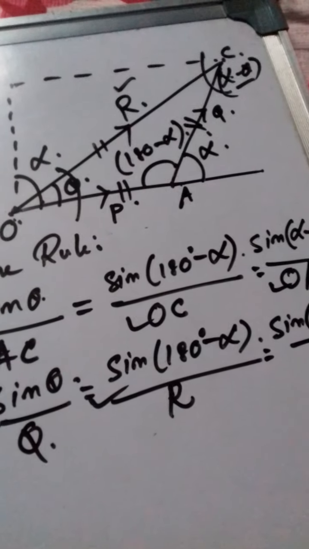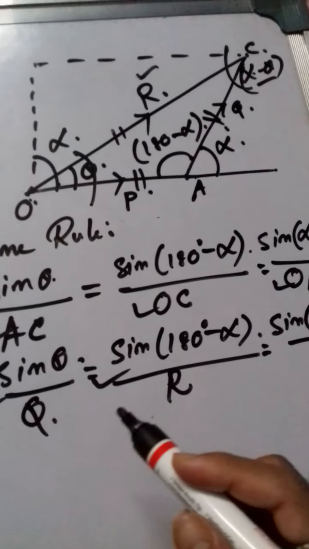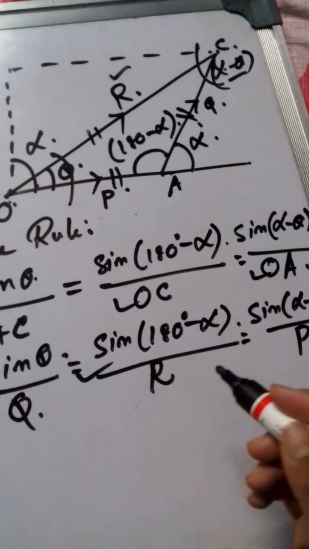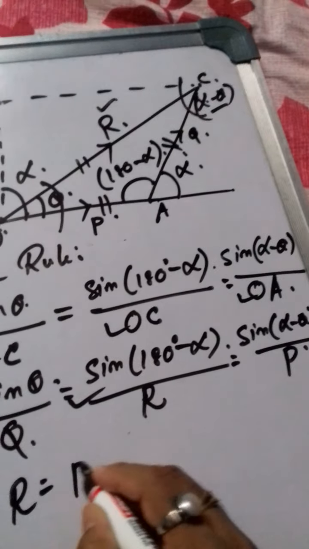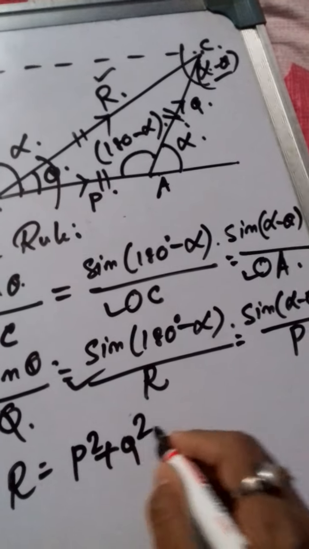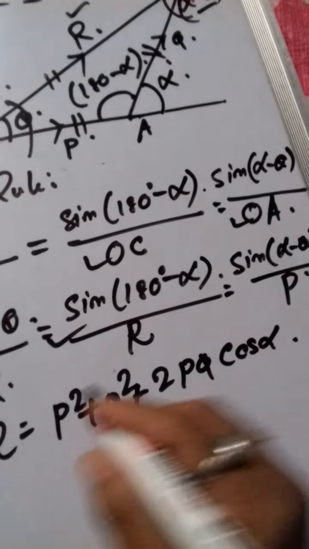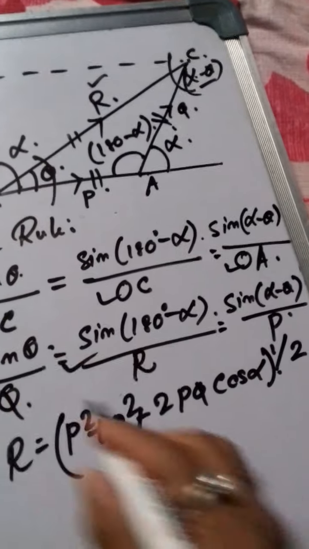theta, because you know the value of alpha, right? And you also know the value of P, Q and R, right? Because R you can get by the same formula, root over of P square plus Q square plus 2PQ cos alpha. So how to find out theta?